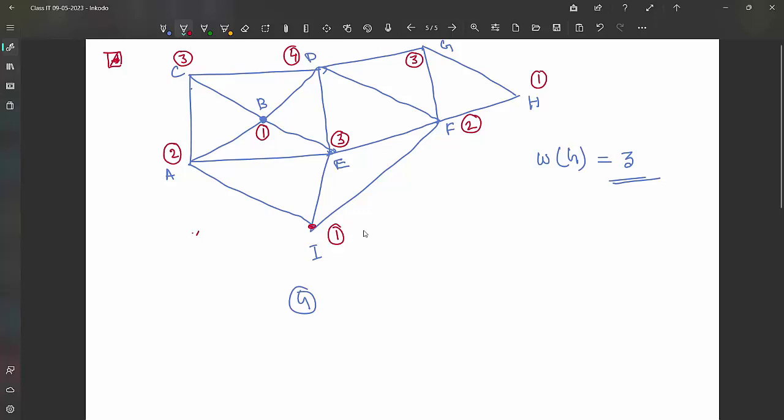Here you can see you can't color the graph by using only 3 colors. So that means the chromatic number of this graph, chi of G, is equal to 4, and here chi of G is not equal to W of G, and it seems that this graph G is not a perfect graph. It's not a perfect graph.